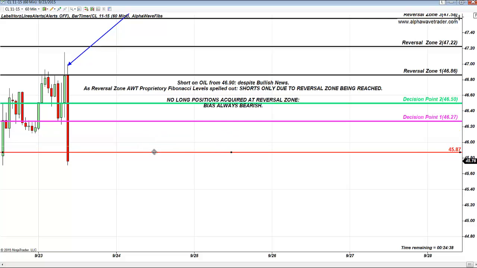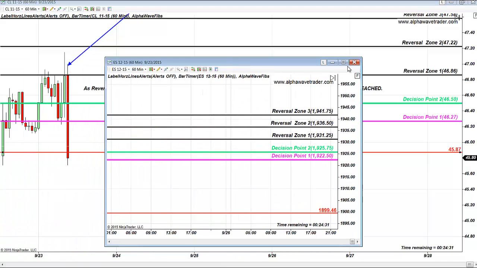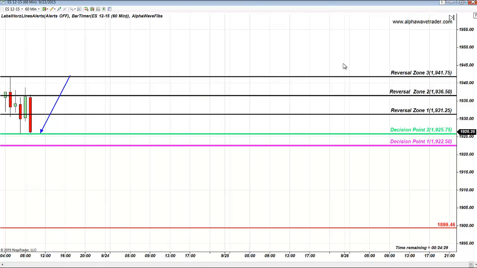Every person here trades different lot size. And don't forget to see what's happening on S&P. You know the rules. Plenty of flawless trades played out on S&P. We took long from here. We know extremely well by the time you come to reversal zone, you must be in profit.